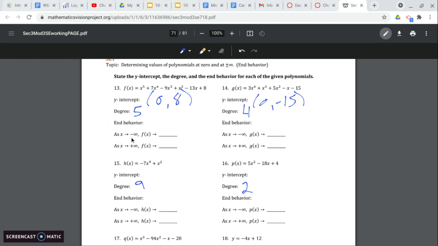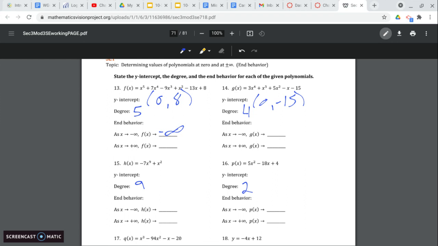All right, so as x goes to negative infinity, f of x goes to, well, because this is an odd exponent, and the direction, if we try going further and further negative with our answers, we're going to end up being at negative infinity.